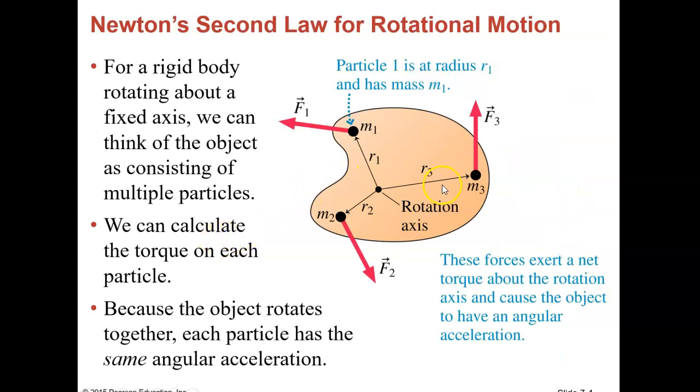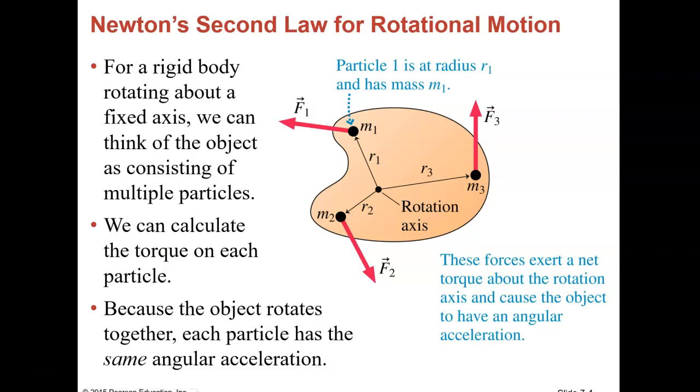All right, so now if we look at, like, a net force, three different forces acting on this object that's rotating. For a rigid body rotating about a fixed axis, like this, we can think of an object as consisting of multiple particles. Then you can calculate the torque on each particle, and then figure out the net torque.